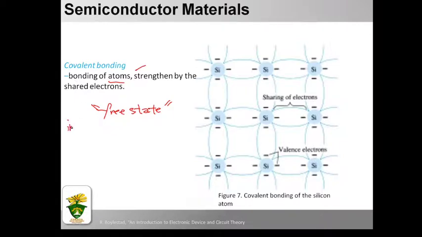What is intrinsic? The intrinsic materials are those semiconductors that have been carefully refined to reduce the impurities to a very low level, essentially as pure as can be made available through modern technology.